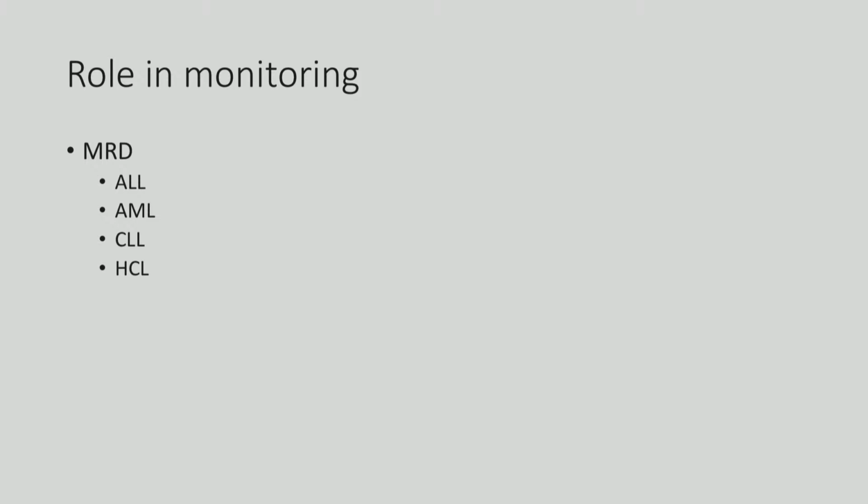It is a very well established monitoring tool in acute lymphoid leukemias. We do the MRD assessment at the end of first induction chemotherapy, and if it is less than 0.1%, it is called a very good response. Flow cytometry can detect one abnormal cell in 10 lakh cells, so the sensitivity is very high.